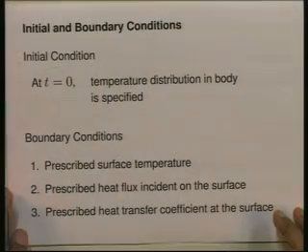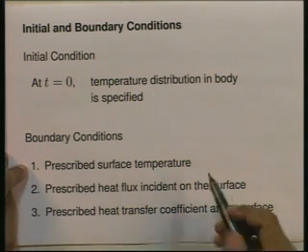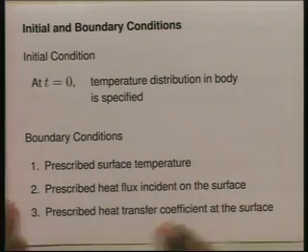Now, apart from that, any solid has boundaries. So, we need to know what is happening at the boundaries of the solid. Those are what we call boundary conditions. Typically, there are three types of boundary conditions that we specify. Number one, we specify a surface temperature at the surface of the solid. This could be some value which could be varying with time or it could be constant.